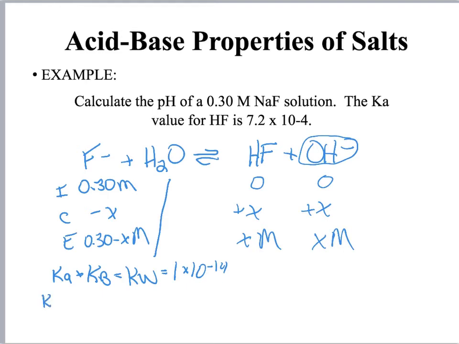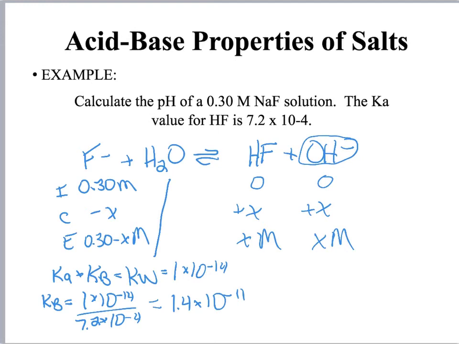So to solve this, we know that Kb would be equal to 1 times 10 to the minus 14 all over the Ka that they gave us, 7.2 times 10 to the minus 4. And when we do the math there, we get the Kb to be 1.4 times 10 to the negative 11. Anytime you need to pause this video to do the math, to check in, see if you can do it, go ahead and pause away.